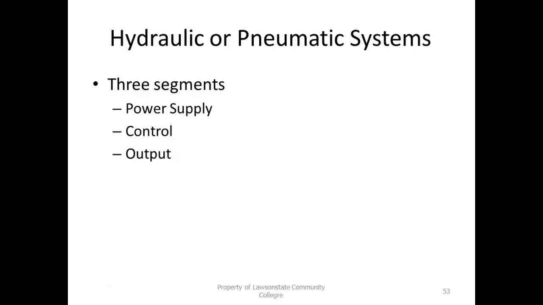So of course in a hydraulic system our power source is going to be a pump. And in a pneumatic system our power source is going to be a compressor. So basically a liquid generates a pressure when you use it. I said that wrong.